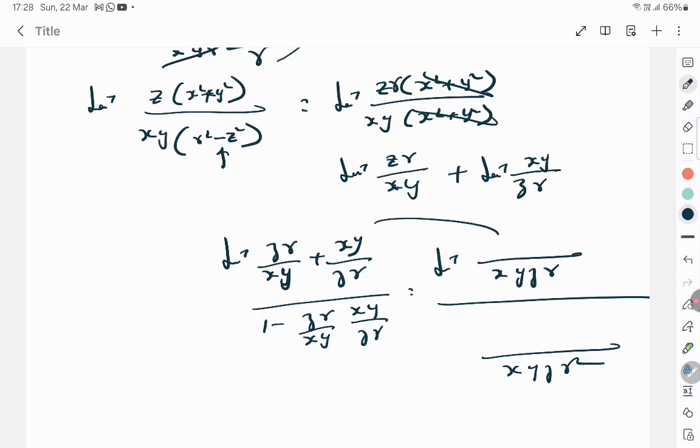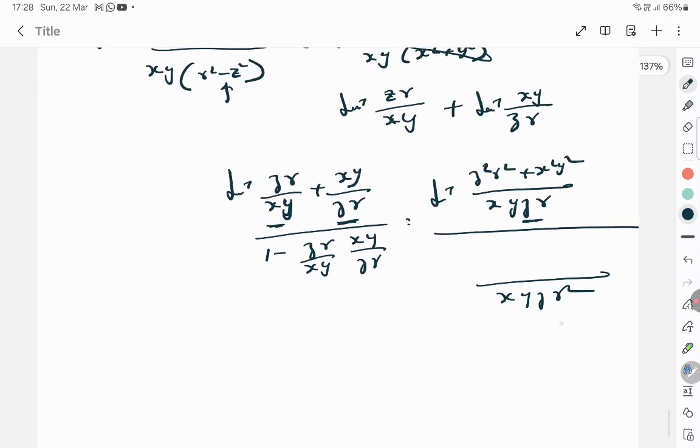So when you're taking LCM, you have an xy here, so you should multiply with xy here. What is missing is zr. So can I try writing it as z square r square, and I have a zr here, so can I write it as x square y square? I'm just trying.